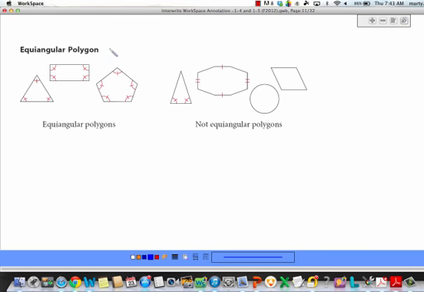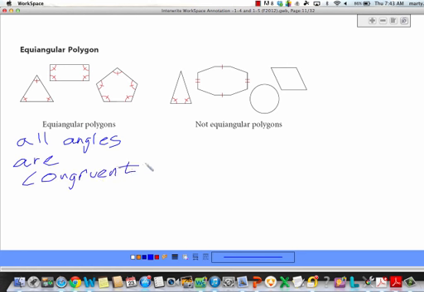Equiangular. All angles are congruent. So here we have an equiangular triangle, which you may already know is an equilateral triangle. Actually, an equilateral triangle is both equilateral and equiangular.